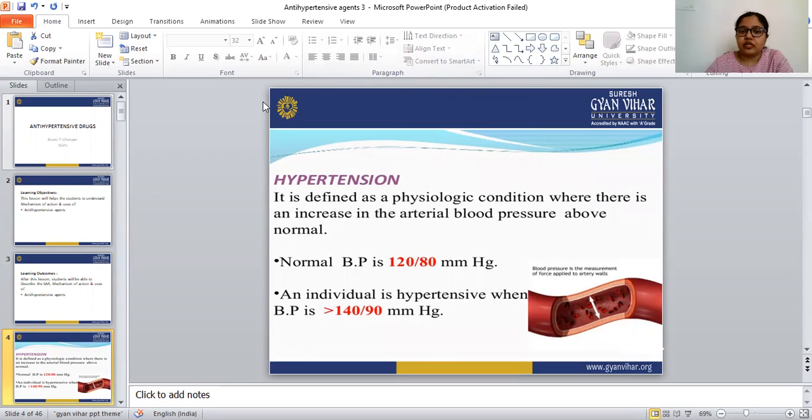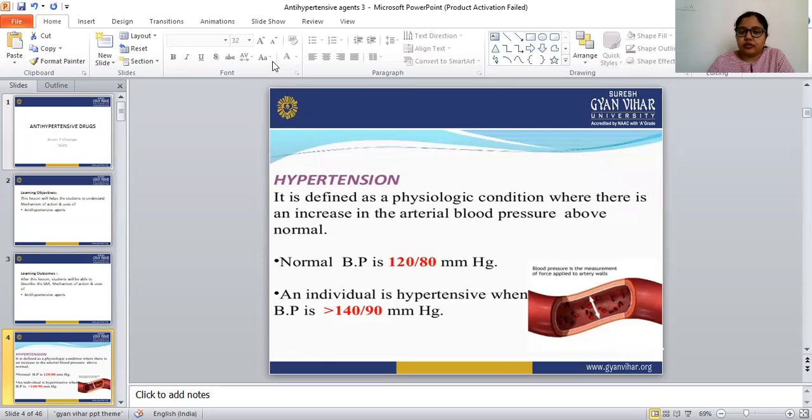Normal blood pressure is 120 by 80 mmHg, and an individual is hypertensive when the BP is above 140 by 90 mmHg.